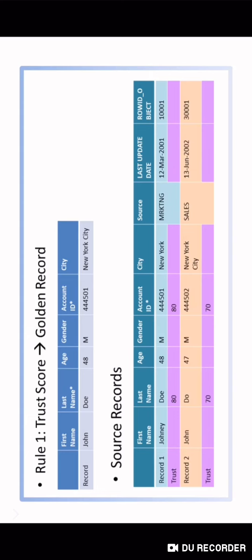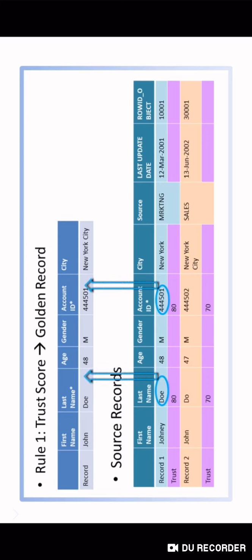Hence, the trust rule will be applied. For the marketing department, we have a trust score of 80% on last name as well as 80% on account ID. For the sales source, we have 70% for both last name and account ID. As we see, the marketing department has the highest trust, so last name and account ID from the marketing department will survive in the golden copy of the record.